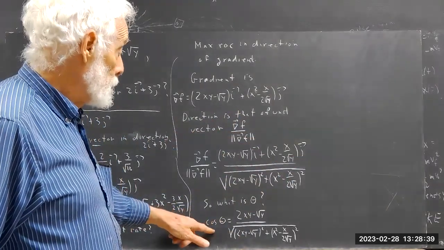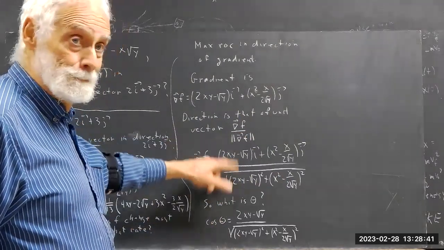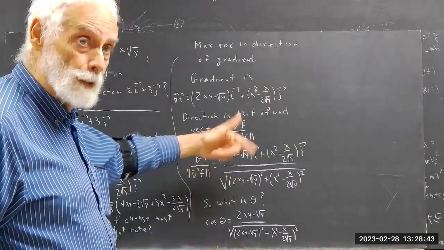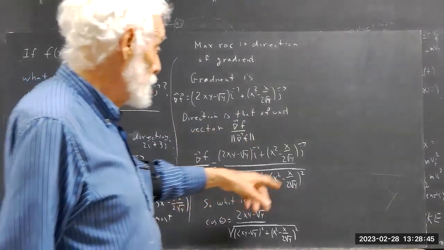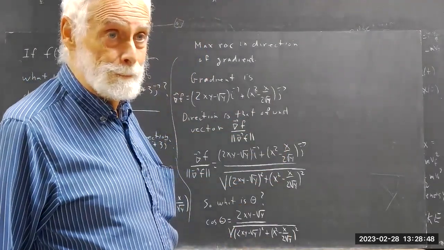So cosine of theta would be just the x component, or the i component. The sine of theta would be the j component.